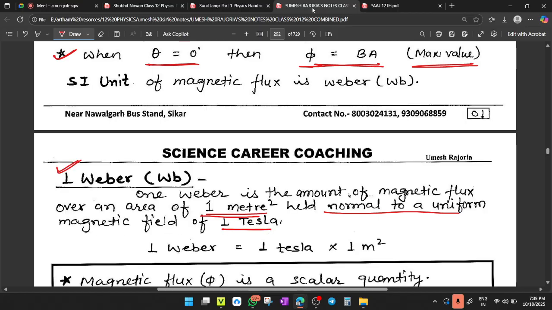Okay, clear or not clear? So 1 Weber is the amount of flux when your coil having 1 meter square area is kept in a field of 1 Tesla perpendicular to the magnetic field.